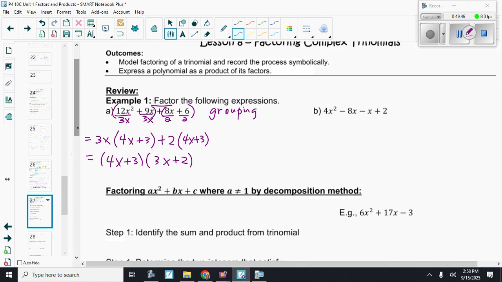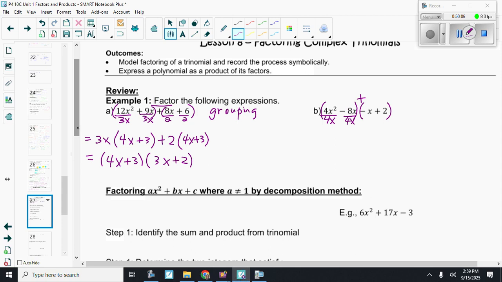In this case, we're just practicing grouping because we're going to be doing grouping in this strategy. I can take out a 4x. In this one, negative x plus 2.